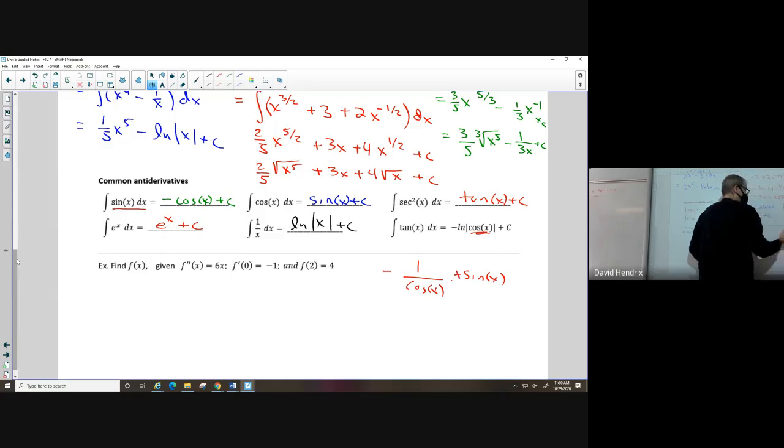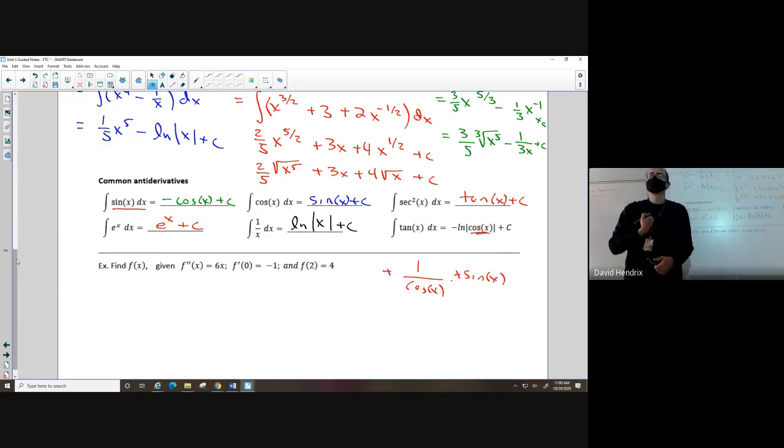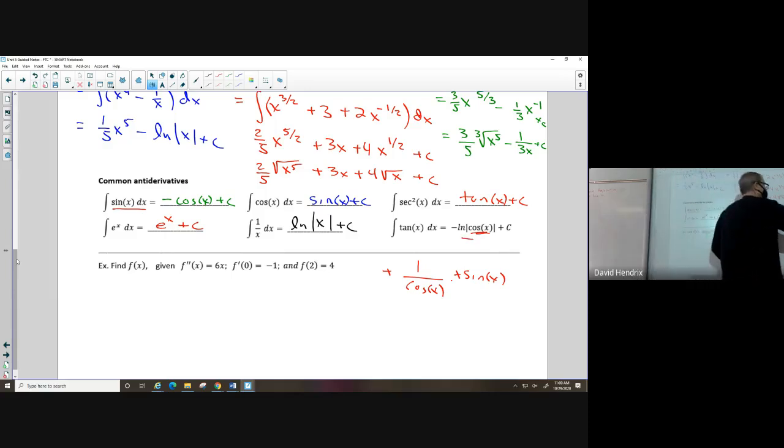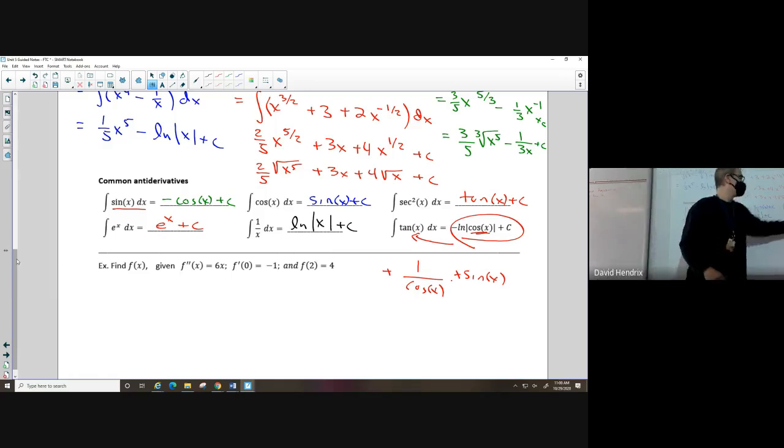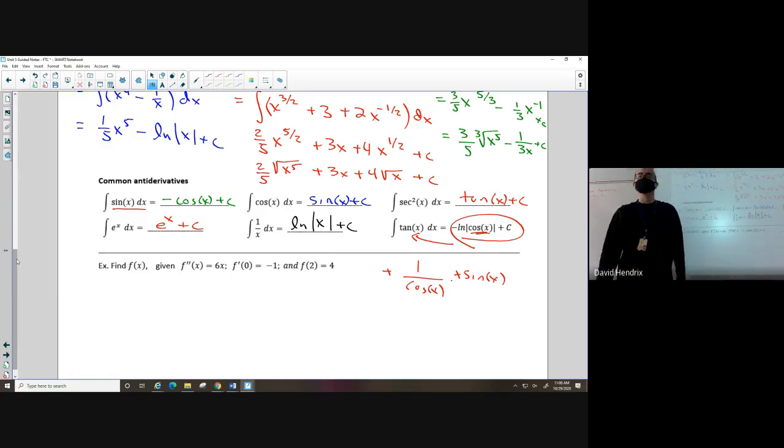Negatives cancel out, and you get sine x over cosine x. Right? So if you were to take the derivative of this, you would get tangent. Okay? A little bit. I mean, you do have to know these trig identities, though. Yeah, like that sine over cosine equals that. But that's where I just wanted to show where it came from. Any questions over that?